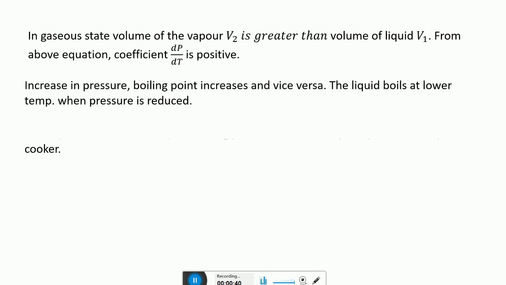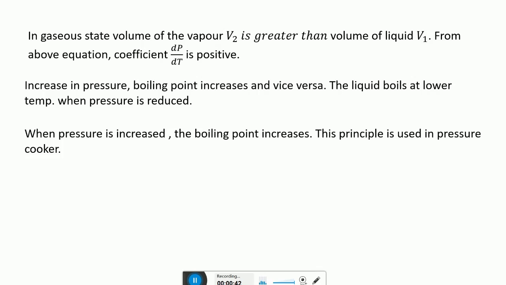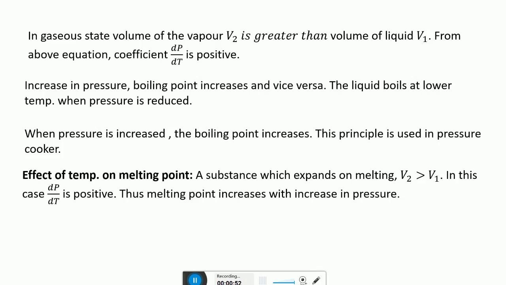The liquid boils at a low temperature when pressure is reduced. When pressure is increased, the boiling point increases. This principle is used in the pressure cooker. In a pressure cooker, the water boils at a high temperature because the pressure inside the cooker is greater than atmospheric pressure.